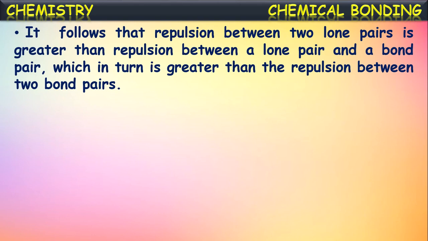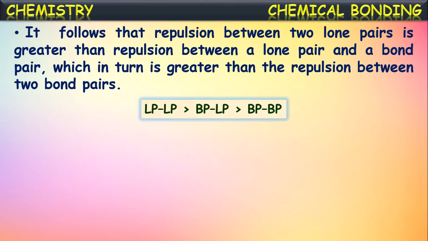Now we can say the order of repulsions between the electron pairs is as shown here. The repulsion between two lone pairs is much greater than the repulsion between a bond pair and a lone pair, which in turn is greater than the repulsion between two bond pairs.